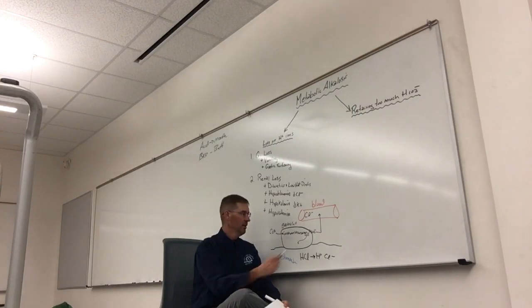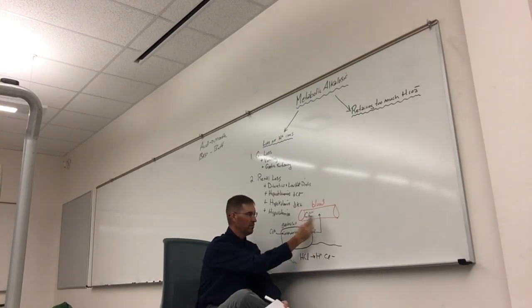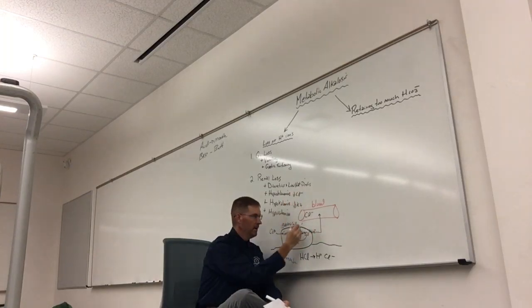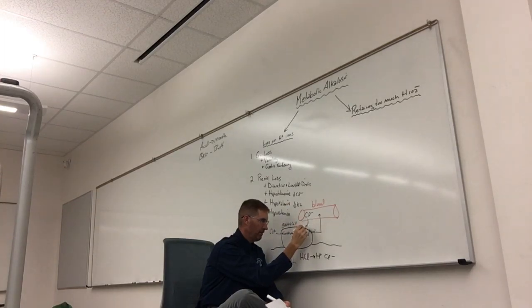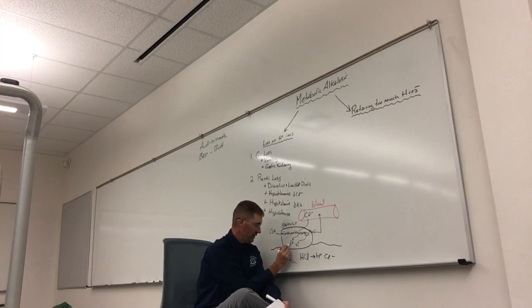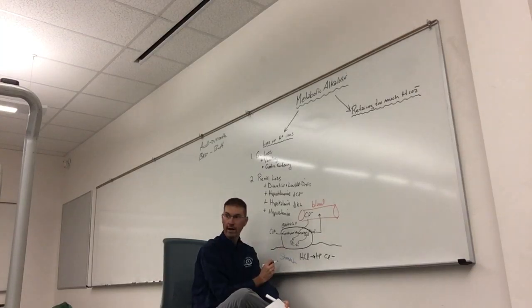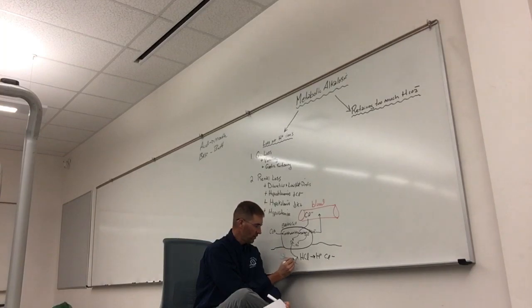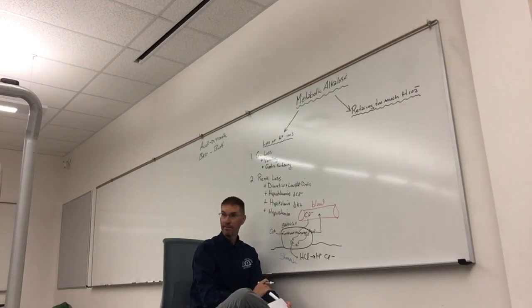Does that make sense? So as the bicarb goes into the blood, what's happening to the bicarb level in the blood? It's increasing, right? I'm going to take chloride out of the blood, and then that chloride is going to go into the cell here. So here I have chloride, and here I have those hydrogen ions, and then the hydrogen can combine with the chloride to make hydrochloric acid, which is then released into the stomach, right?